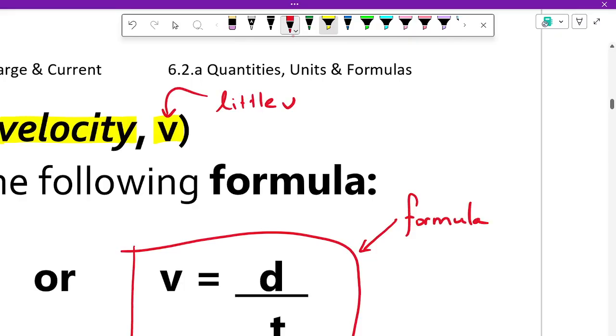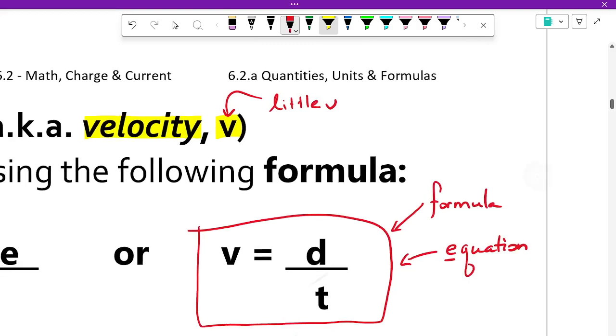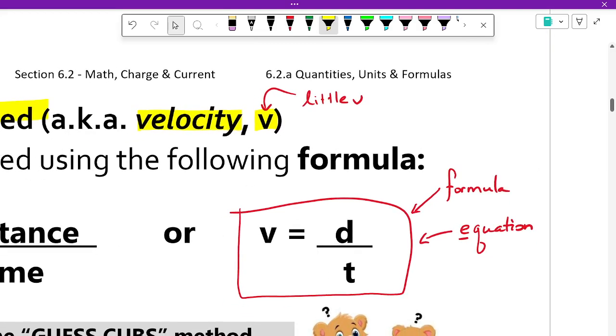Normally we would call it a formula, but because CUBS doesn't sound very nice, we're also going to call it an equation so that we can use GUESS. And that's going to be the E in GUESS CUBS.